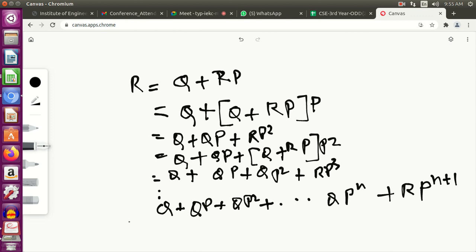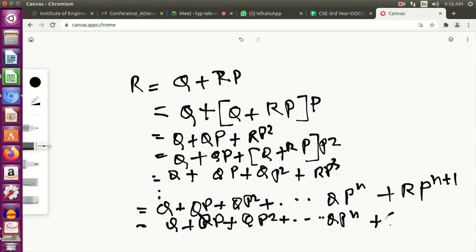Okay. Next, we have q plus qp plus qp square up to qp^n. For r, replace r with qp star. Replace r with qp star, that was the solution given to us.